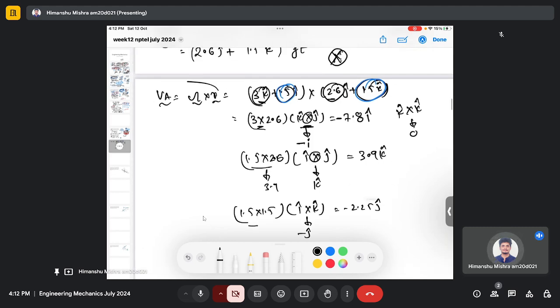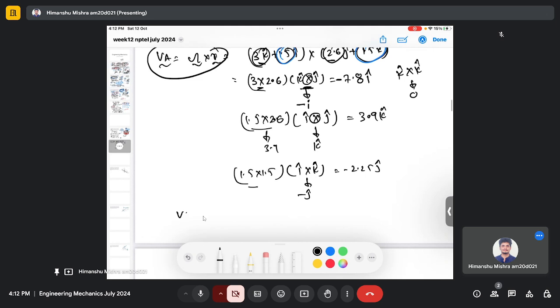So this quantity will become minus 7.8 i minus 2.25 j plus 3.9 k, feet per second. So this is my velocity at point A.